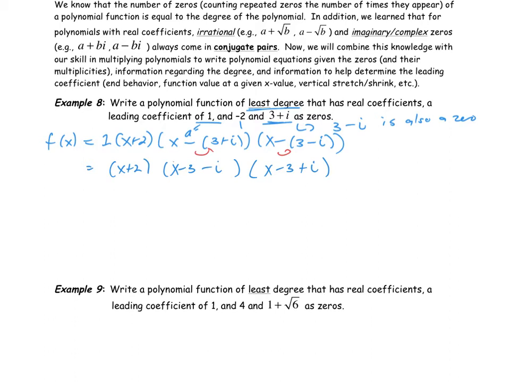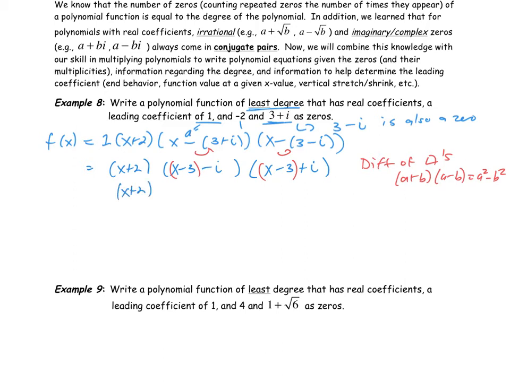I'm going to group x minus 3 in both sets of parentheses here. And the reason I'm doing this is that will give us a difference of squares pattern. Remember, if we have the quantity a plus b times the quantity a minus b, that's equal to a squared minus b squared, which is exactly what we have. In this case, x minus 3 will be like our a, and i will be our b. So this is a shortcut method to expand this polynomial.